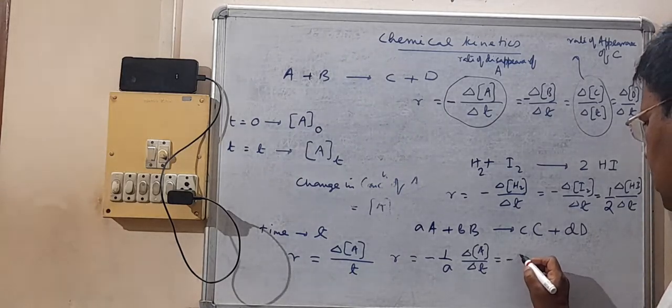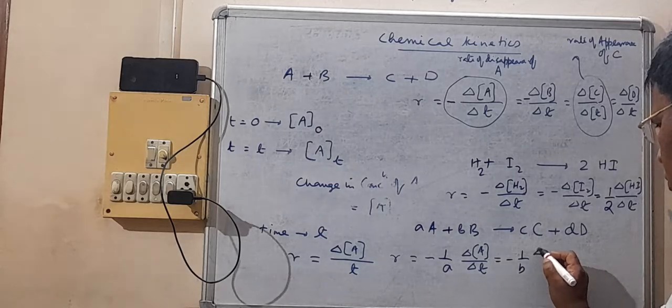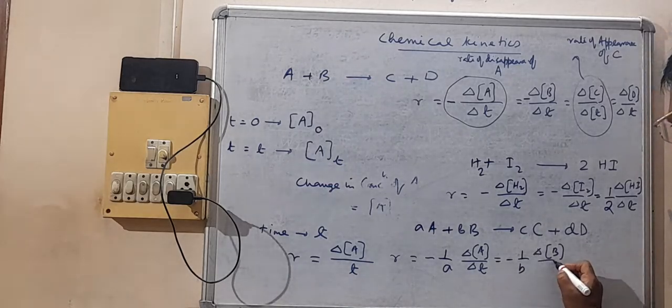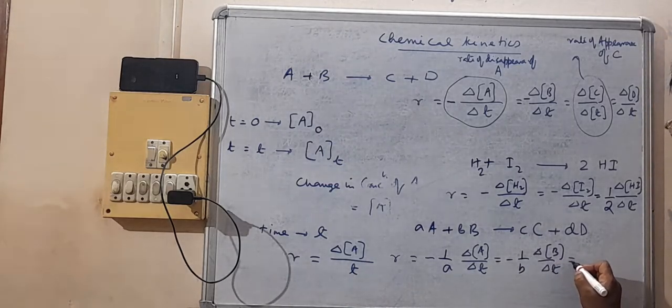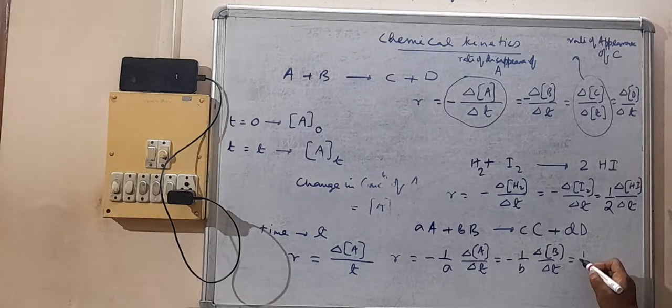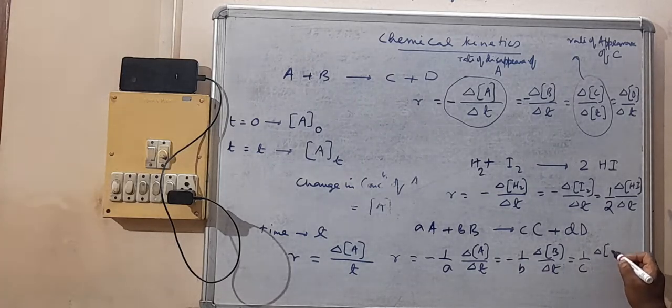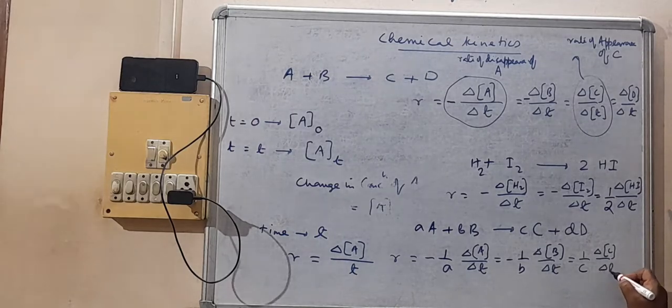So it will be minus 1 by b, delta [B] by delta T, is equal to 1 by c, delta [C] by delta T, is equal to 1 by d, delta [D] by delta T. So this is the rate expression we can write.